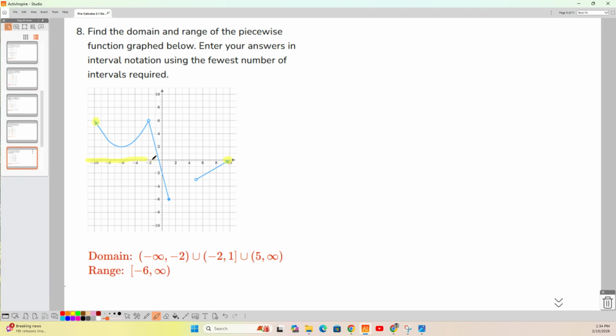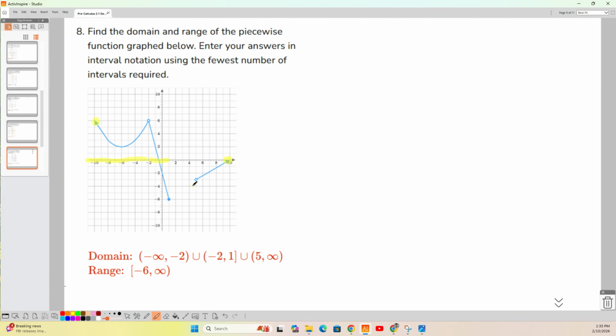Union, I pick up directly after negative 2, and I go to 1 and stop there for now. There's a closed circle at 1, so I know that 1 is part of my domain. So union negative 2 with a parenthesis, because we're not including negative 2 because of the hole there at negative 2. Up to 1 with a bracket, because we are including the x value of 1, because there's a closed circle here.